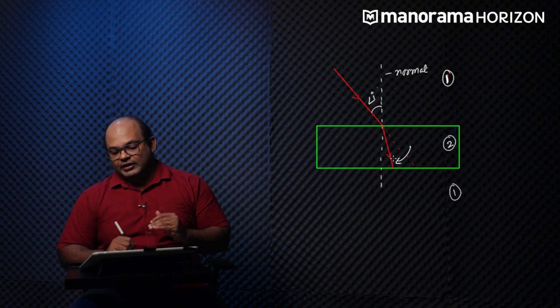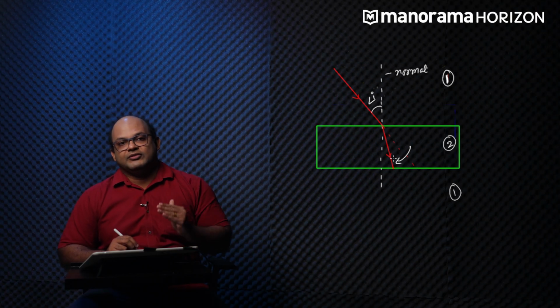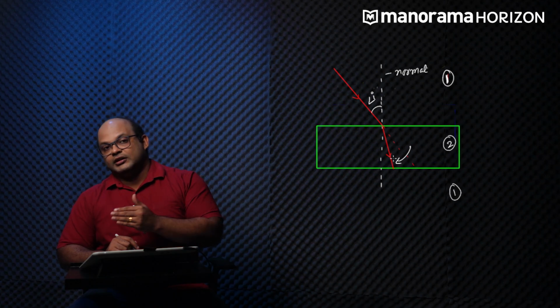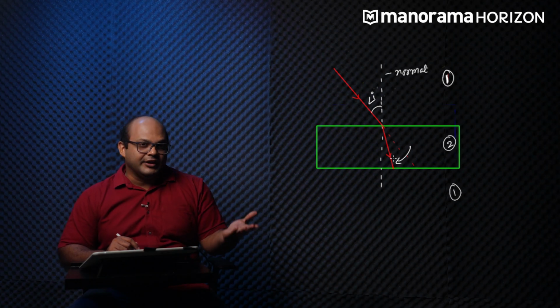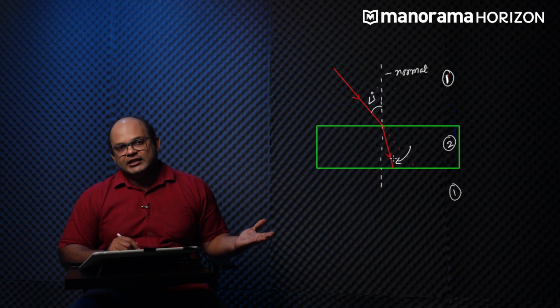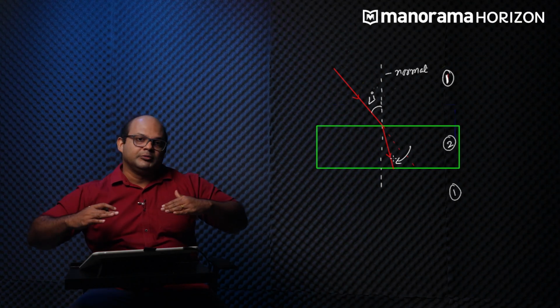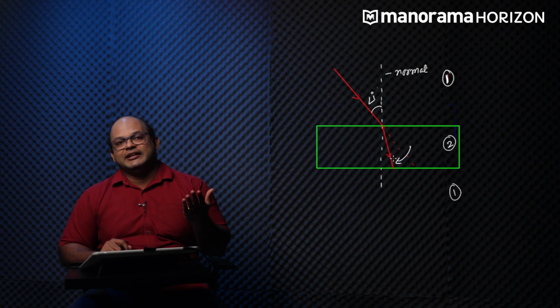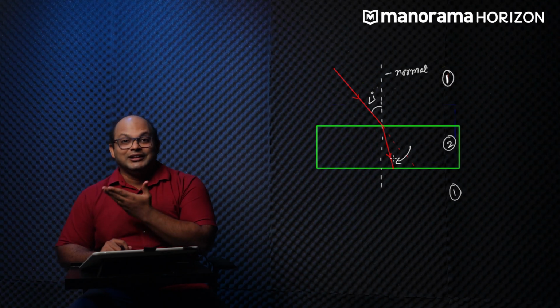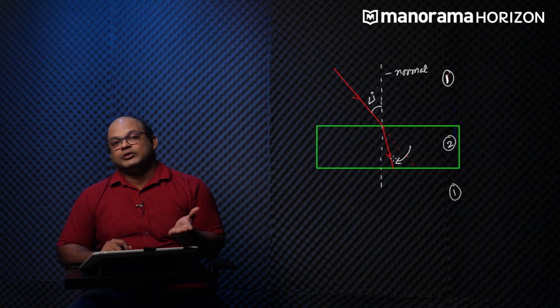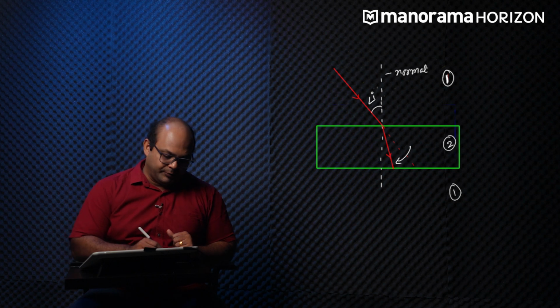Now again we face the situation where the ray of light is leaving a medium for a different medium. So first it was entering from an optically lighter medium into an optically denser medium at the top interface. At the bottom interface, it is now exiting from a denser medium and entering a lighter medium. So what happens now? Now the reverse will happen. So again we drop a normal.